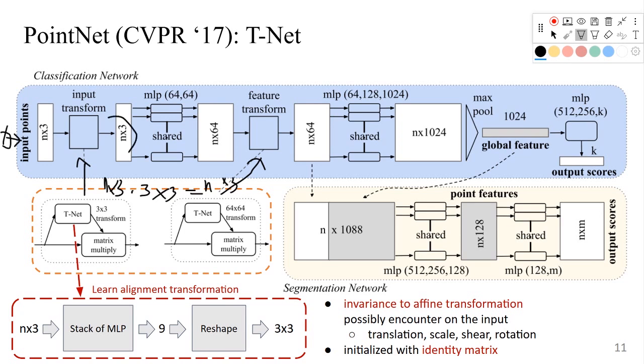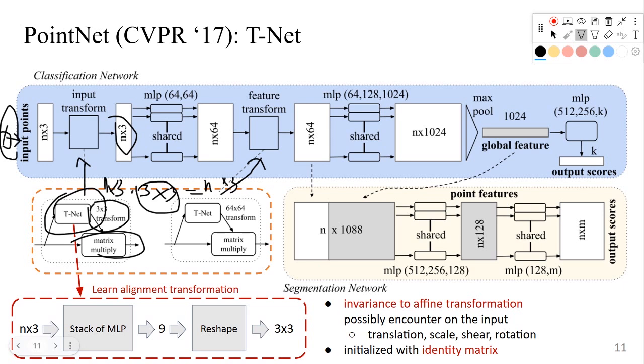And then later we will multiply this one. The purpose is to learn a transformation matrix so that no matter whether we have an affine transformation here, the performance should still be as good as if we don't have any transformations. This is the purpose of this transformation.